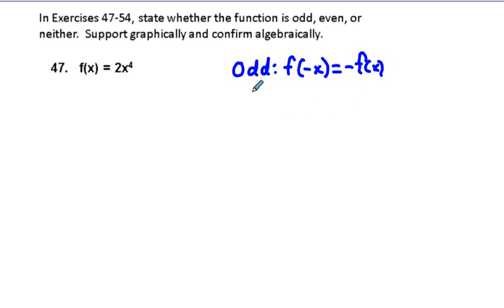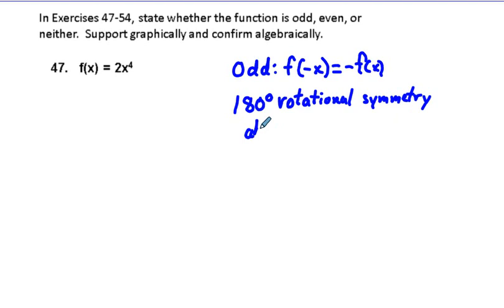And what that's going to look like graphically is what they call symmetry about the origin, but I think it explains it better if we say we have 180 degree rotational symmetry, and that's going to be symmetry about the origin. And we're going to see what that looks like.